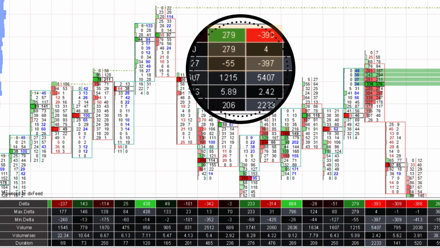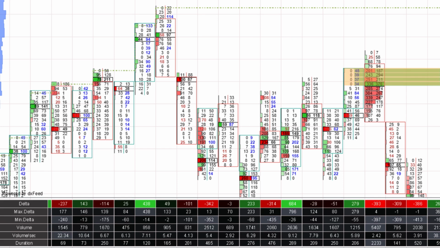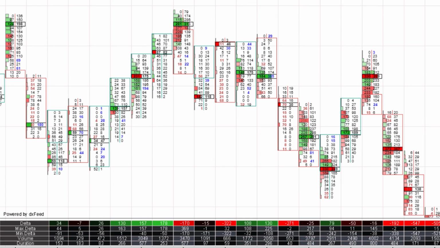This essentially is the delta flip, closing at one extreme and then closing at an opposing extreme of delta. This particular example also presents an imbalance reversal, something that I will be covering when I do a video on stacked imbalances.